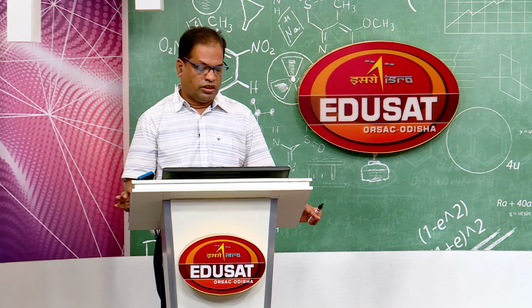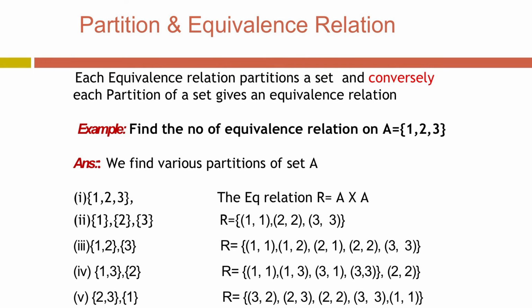Similarly, other examples are there. In the second example, there are 3 sets 1, 2, 3 and the corresponding equivalence relation is the smallest equivalence relation 1, 1, 2, 2, 3, 3 and you can also verify that, and the third example is 1, 2, 3. So, there are other 3 examples you can also verify, and finally, there are some problems you try.